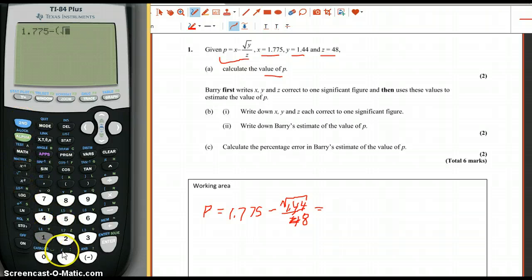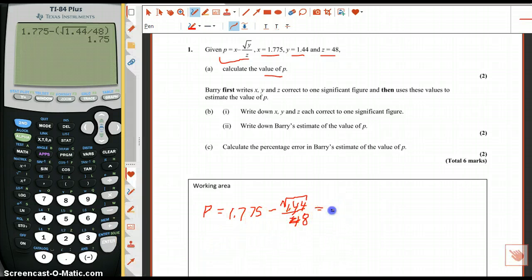Square root of 1.44, and then divided by 48, and then the other parentheses. Okay, enter. That gives us the answer, 1.75. Okay, and that's the answer to part A.